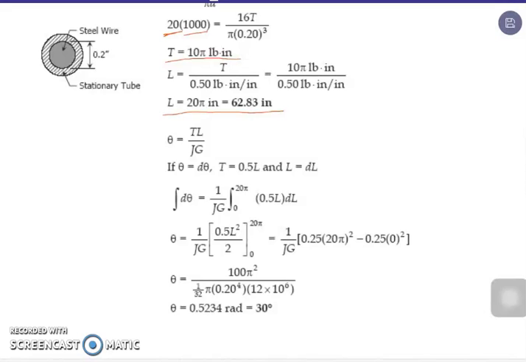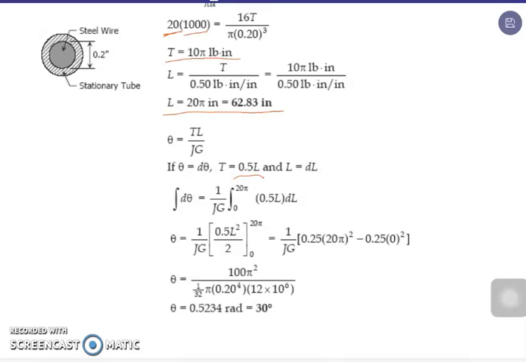So we apply integration. We have d theta equal to 1 over JG, the integral of our T, which is 0.5 L, dL, with limits from 0 to 20 pi, the length from 0 to 20 pi.